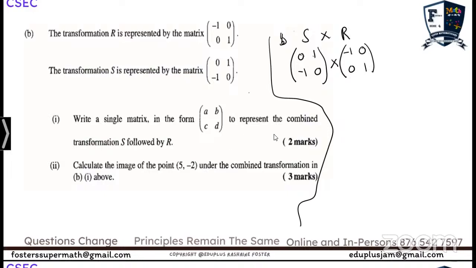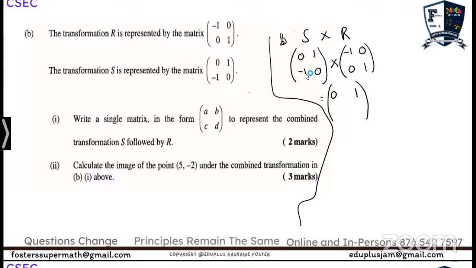So a single matrix that represents all of that now. Let's go. We need to multiply 0 times -1 is 0, 1 times 0 is 0. 0 times 0 is 0, 0 times 1 is 1.